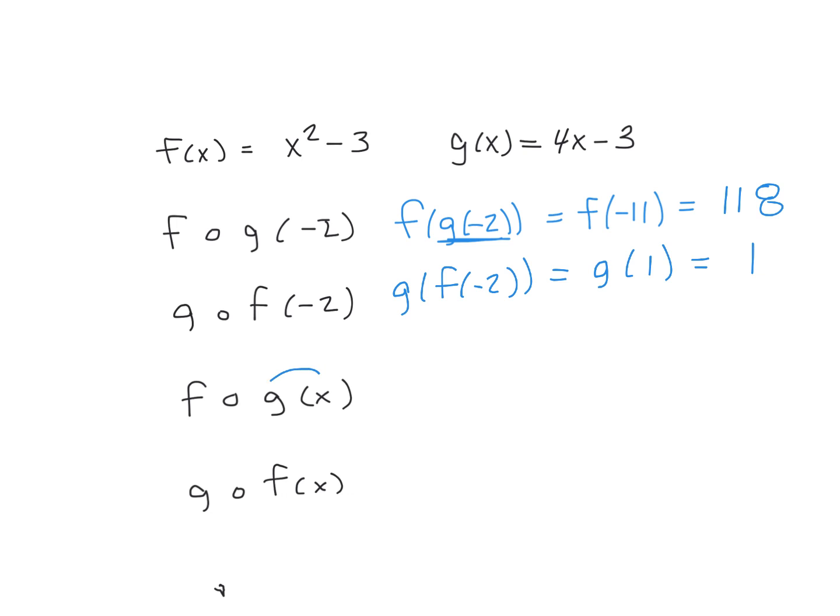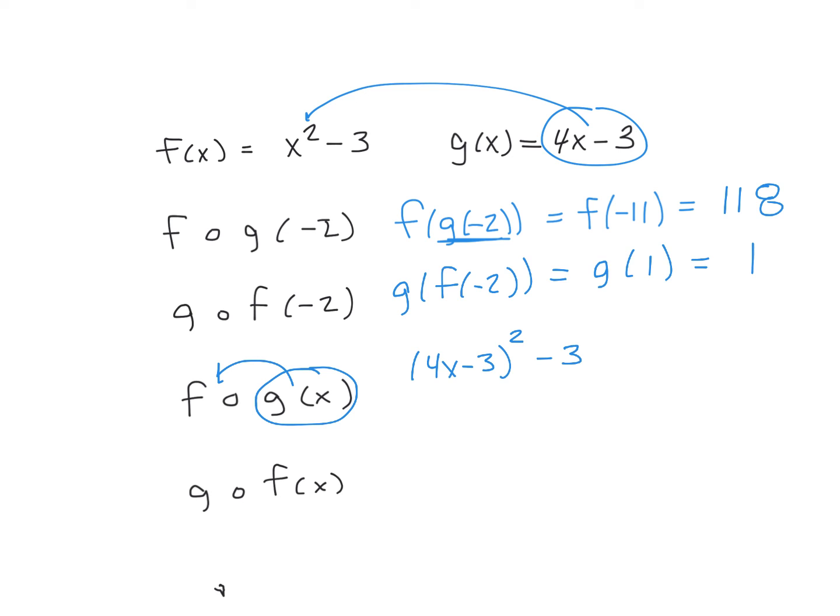F of g of x, this means I'm putting g of x into f. G of x into the f function. So I'm going to have 4x minus 3 squared minus 3. I can simplify this. I could write this out twice and FOIL, but I could also use SCHMADS.